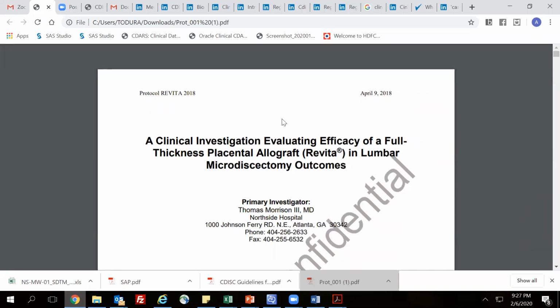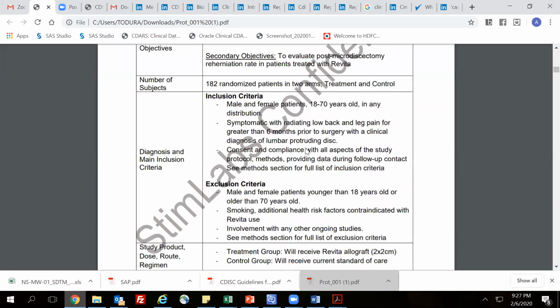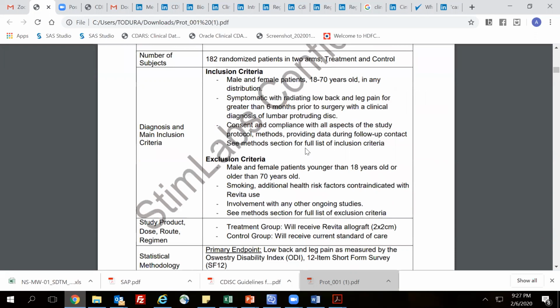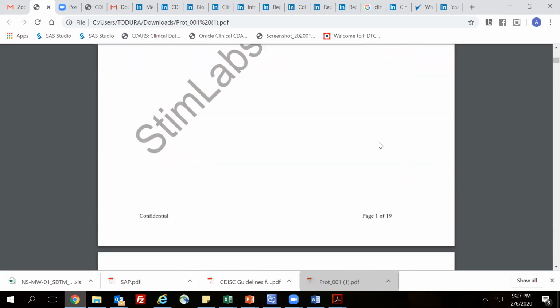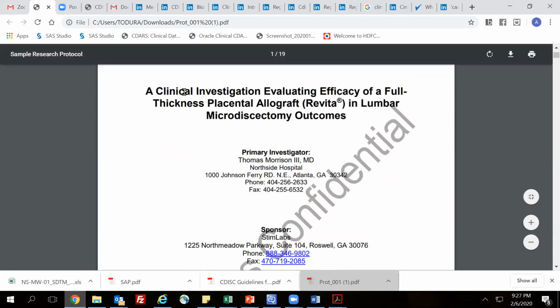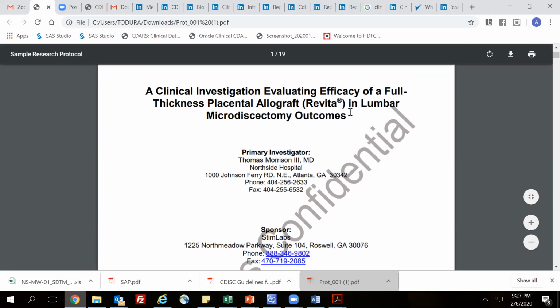So what is a protocol? A protocol is a document which consists of complete information of the study. For example, take the first page. This is the title: clinical investigation evaluating the efficacy, which I told you is how effective the drug is, of full thickness placental allograft in lumbar microdiscectomy outcome.